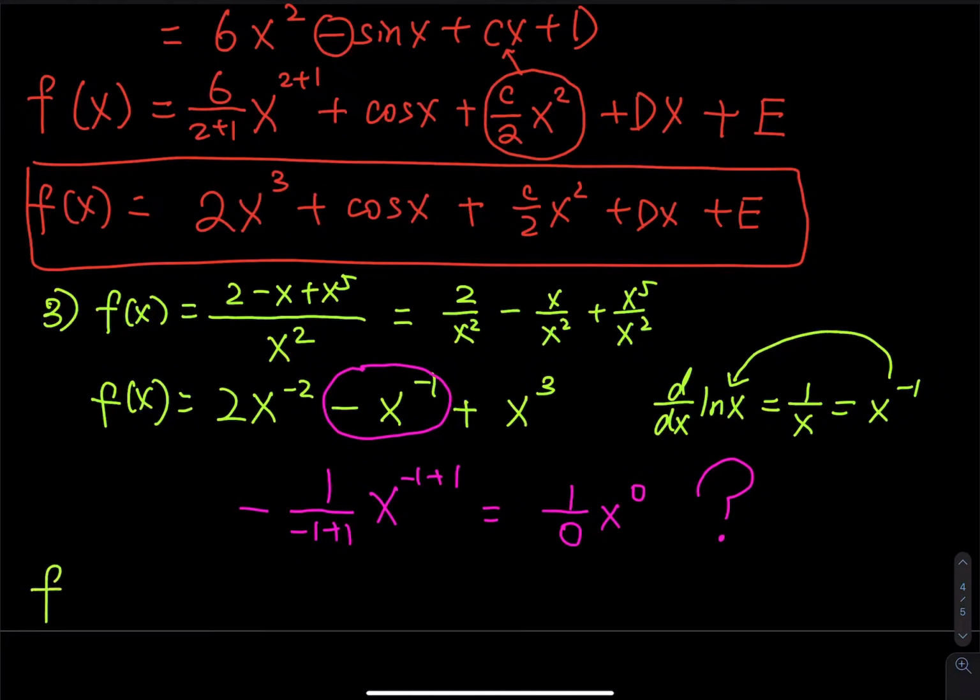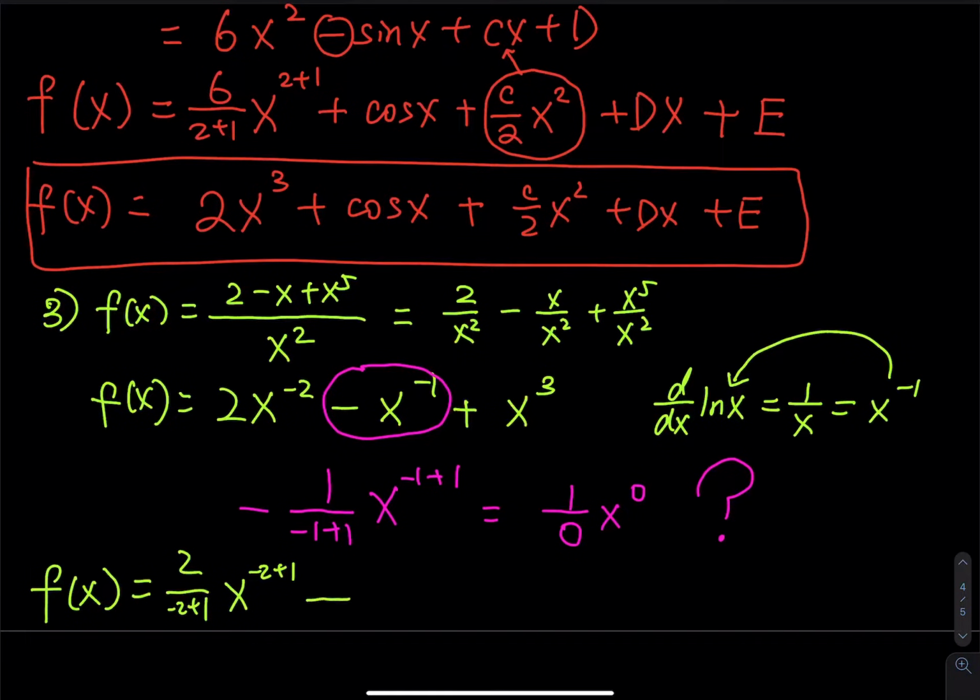F of x is equal to 2 times that, so that will be 2 divided by... we haven't done the antiderivative yet, right? So the antiderivative will be x to the negative 2 plus 1, divided by negative 2 plus 1, and then the minus is a minus.